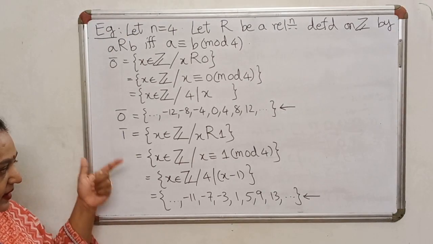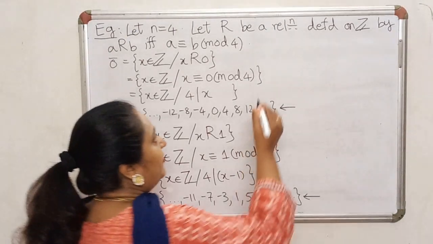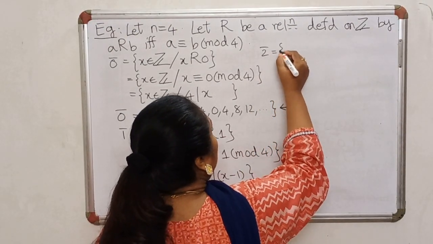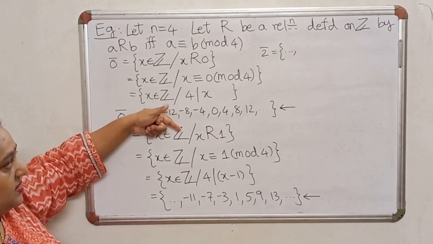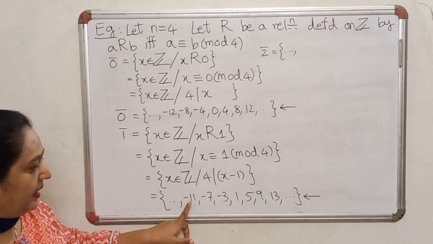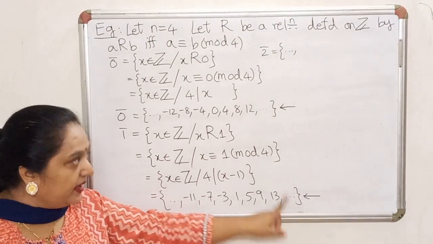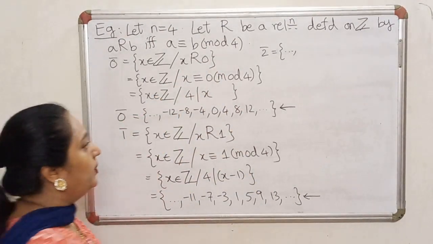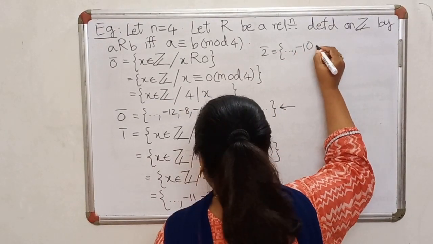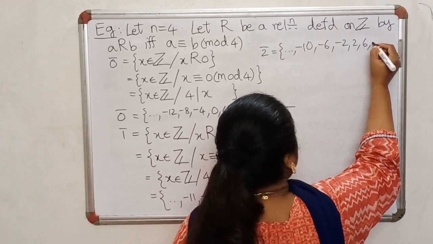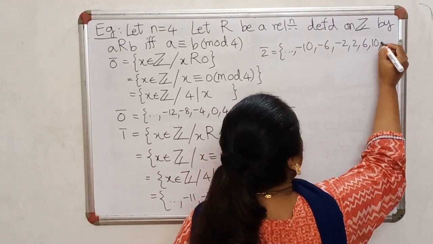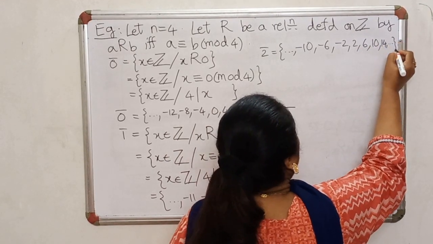So if I continue with this pattern, it will be very easy for me to write down the elements of 2 bar. Of course, you can always check by using this method. So if I add 1 to every element of this set, I should get the elements of 2 bar. So I'll get minus 10, minus 6, minus 2, 2, 6, 10, 14, and so on.